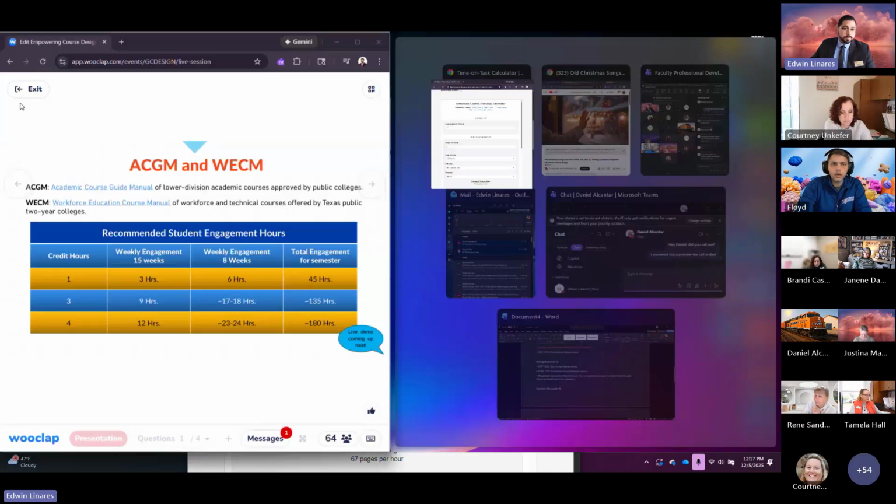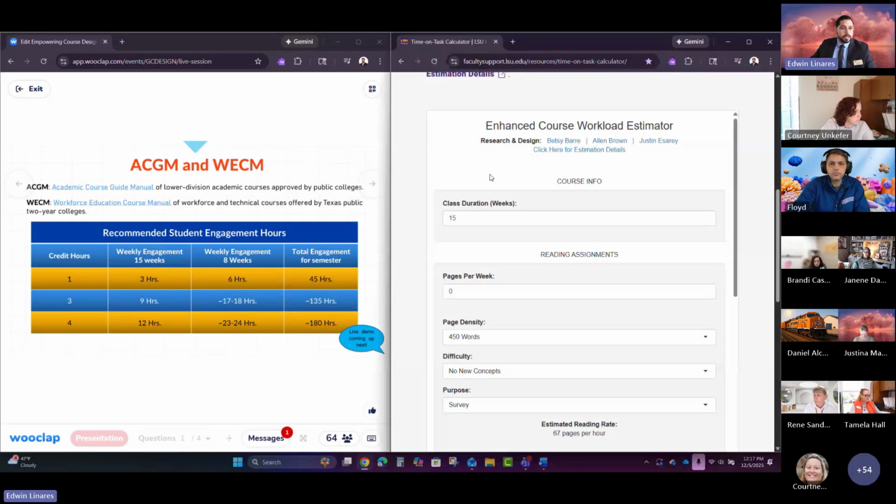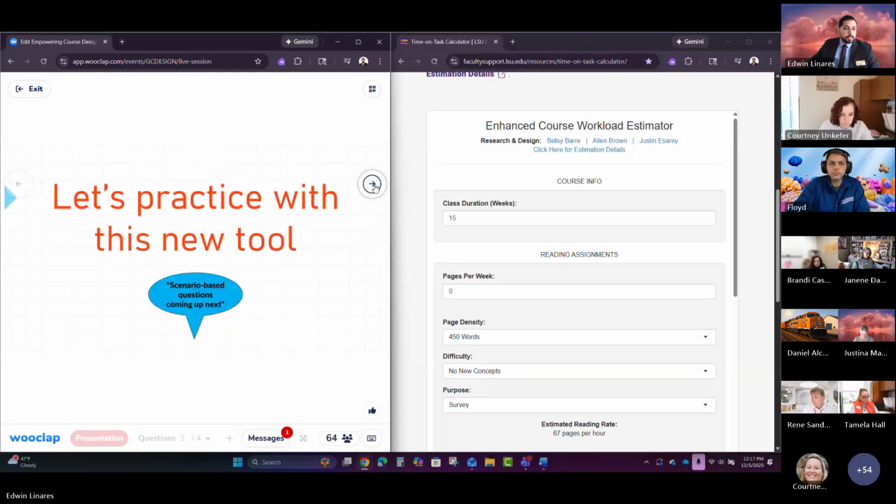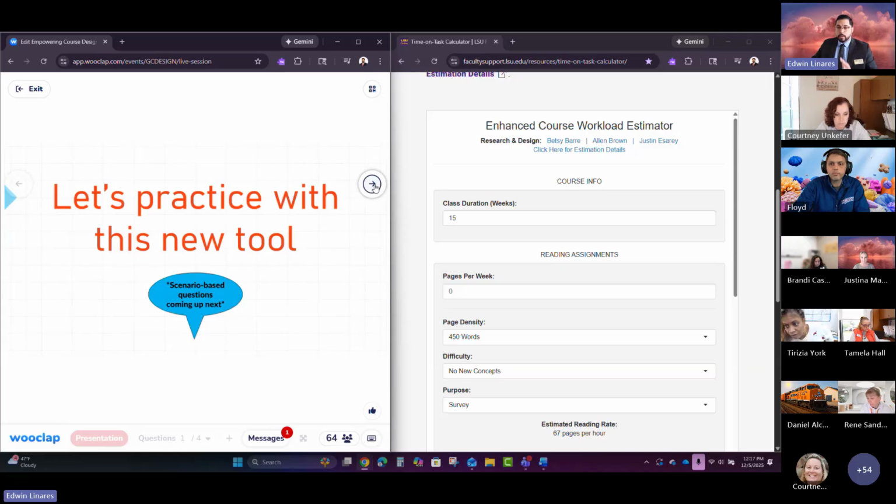All right. We're going to go ahead and start practicing with this new tool. I'm going to be providing everybody here with 3 scenario-based questions. I'm going to help you out with the first one, and then the other 2, you're going to work through yourself, and then we'll see based on the answers what your choice is.